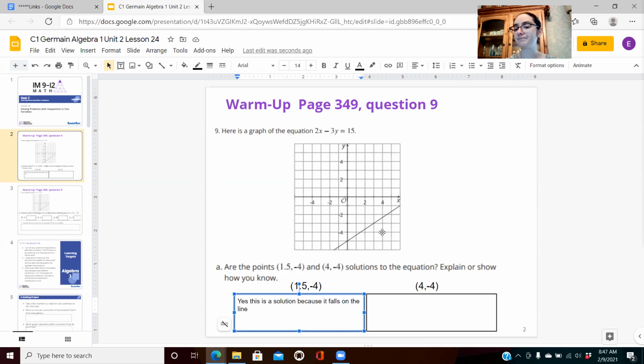What did we think? Peyton said no. Do we agree with her? Nice job, Abby Wasta. We said no. We would say no because it doesn't fall on the line.